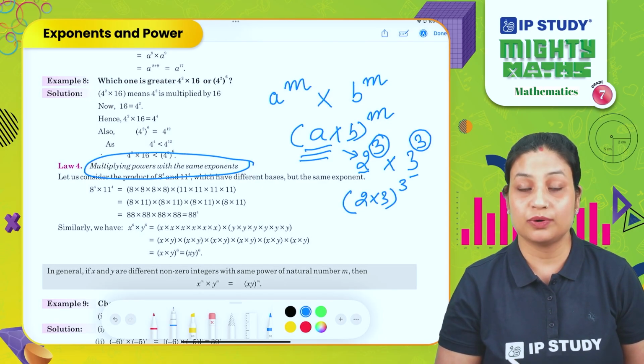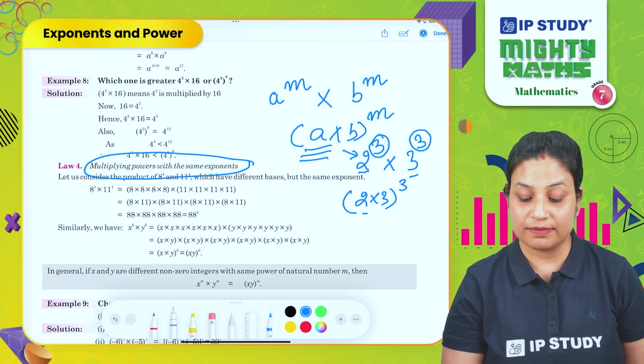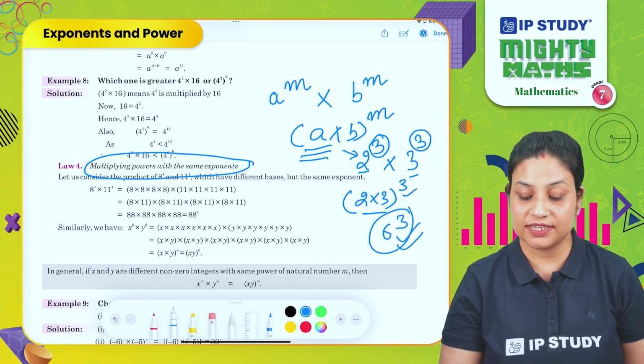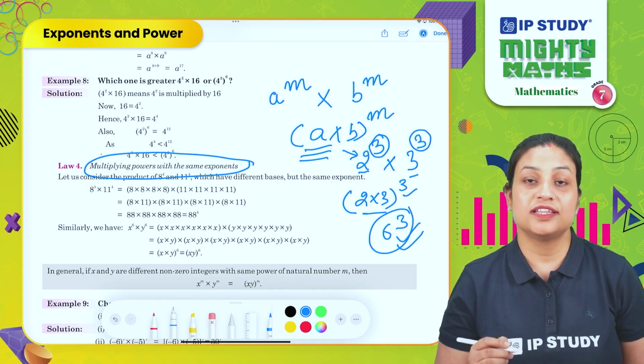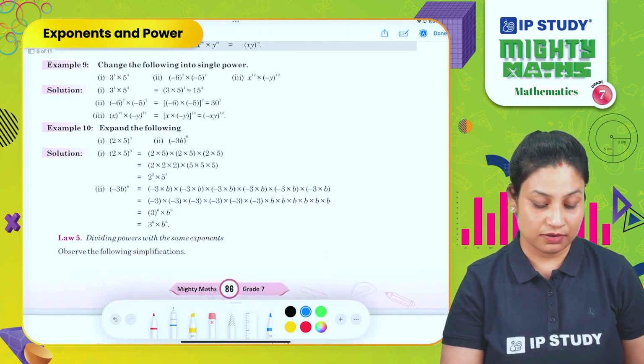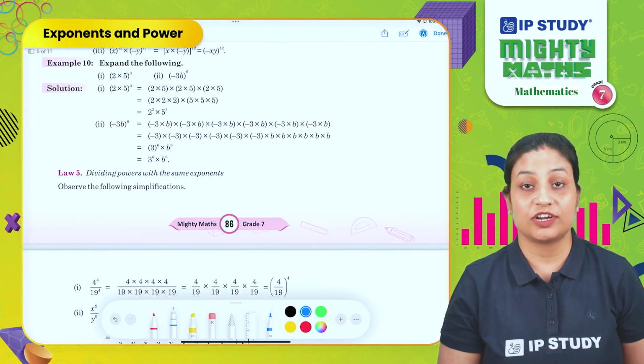So I will write 3 over here, right? If you multiply these two, you will get 6, and 6 raised to the power of 3. So this is my required result. I hope this law is also clear to you.